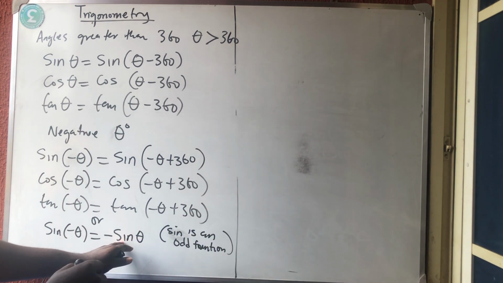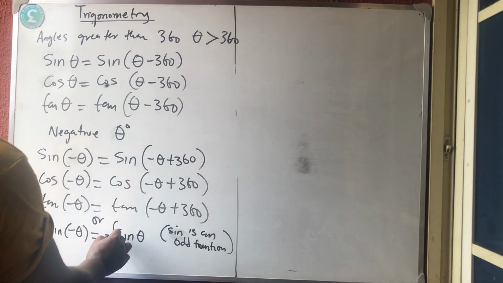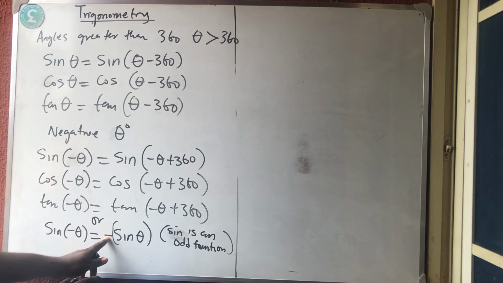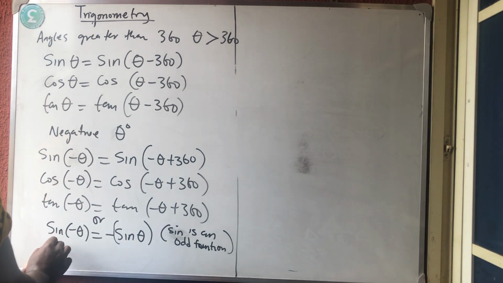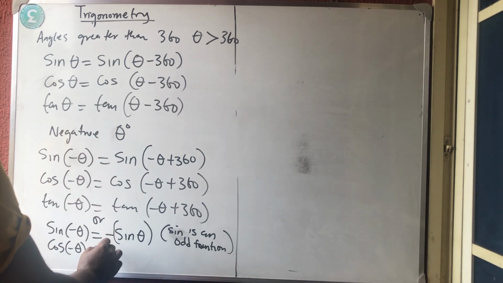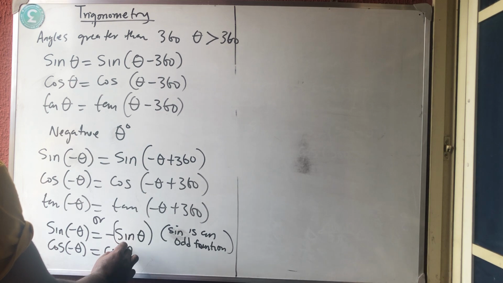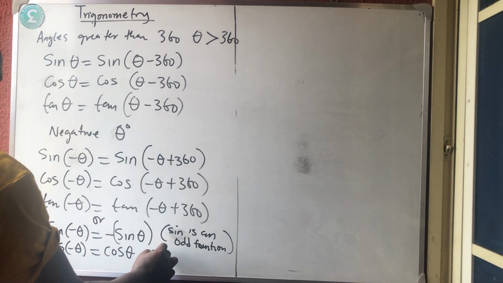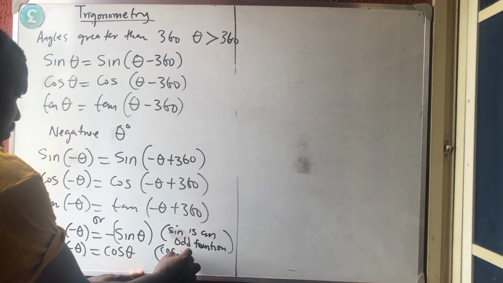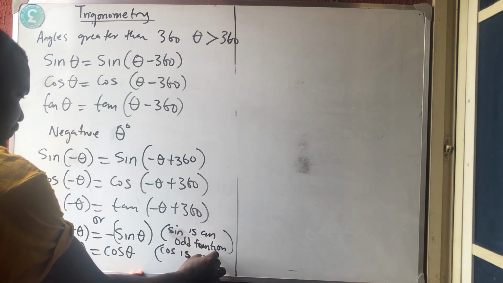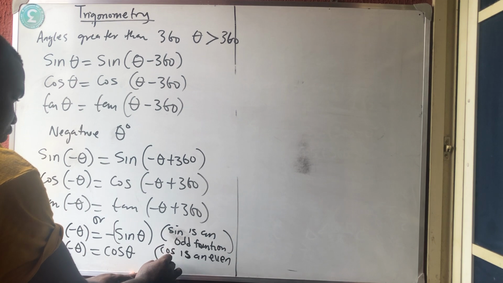Then you will now work the inside and then multiply by the minus. But cos minus theta is as good as throw away the minus. It's not your business. It's cos theta. Why? Because cos is an even function.